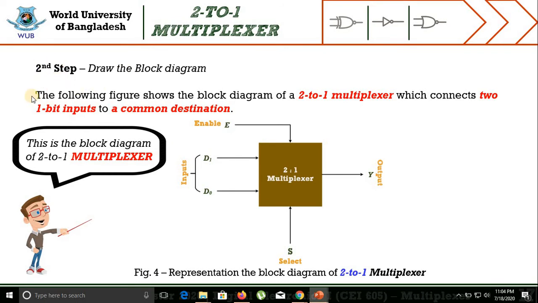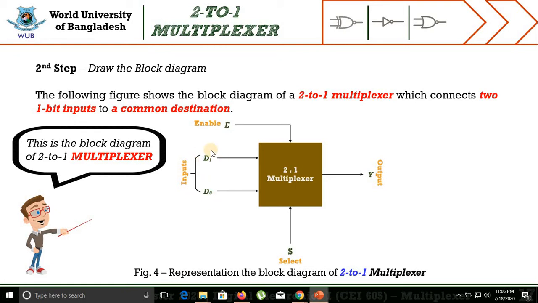Now, the second step would be to draw the block diagram of the 2-to-1 multiplexer. The following figure shows the block diagram of a 2-to-1 multiplexer which connects two inputs to a common destination, which means a 2-to-1 multiplexer has two inputs, one output, and also one select line. In figure 4, which represents the block diagram, on the left side you find two things.